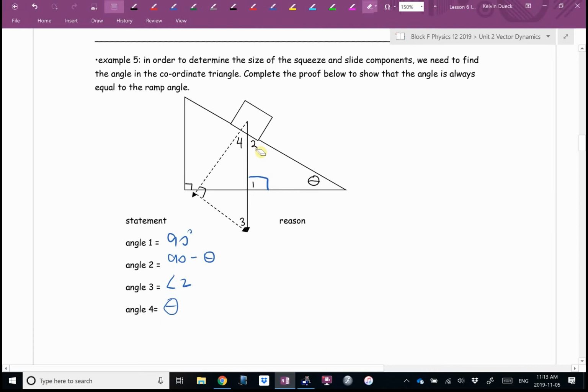Do angle 2 and theta add to 90 degrees? Do angle 3 and the mystery angle add to 90 degrees? Well, if 2 and 3 are the same, and they add to 90 with theta, then 4 must be the same as theta.